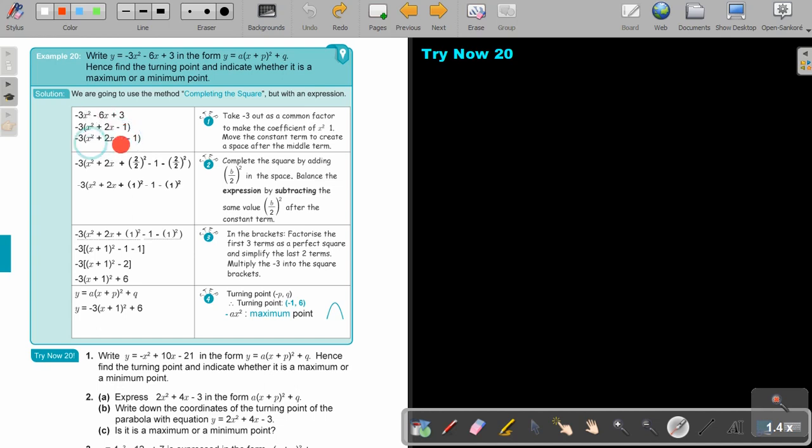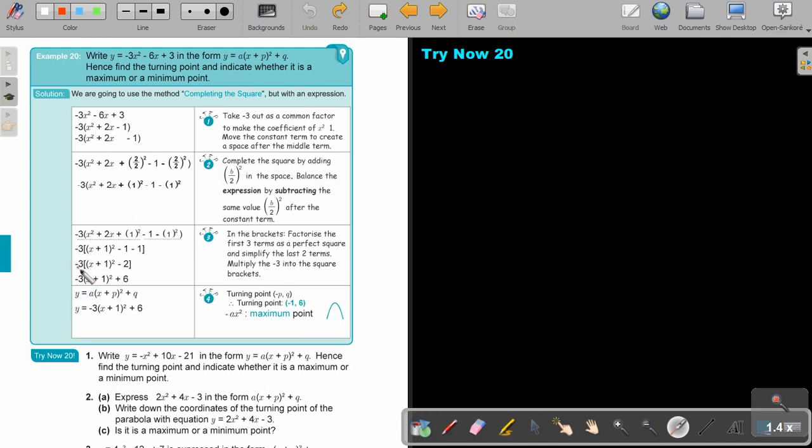Now I do exactly what I did with the previous example there. Take the middle term, divide by 2, square, okay? Simplify the first 3, make it a perfect square, simplify that, but keep your negative 3 in front. And then after you came to this step, don't forget, don't multiply it in, just multiply it in front of this bracket.